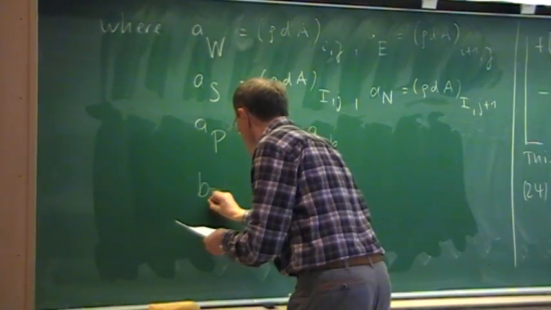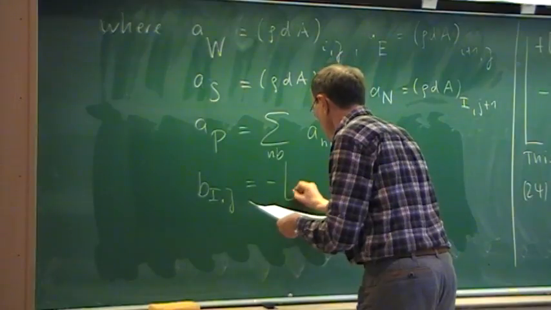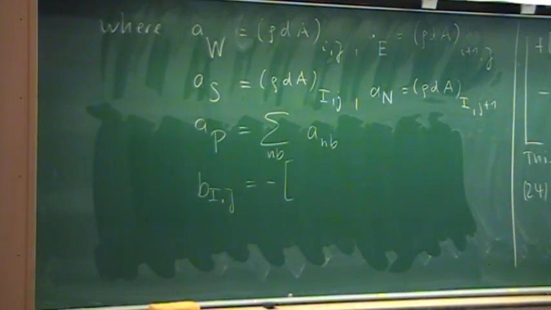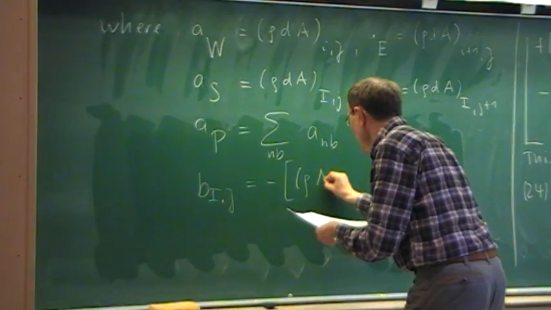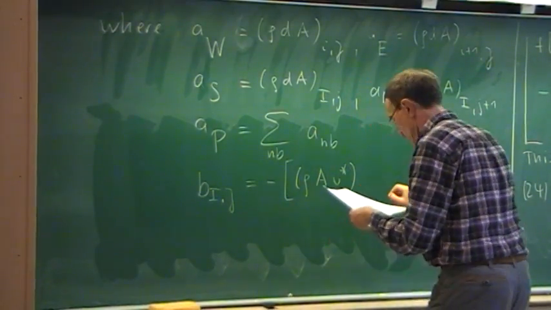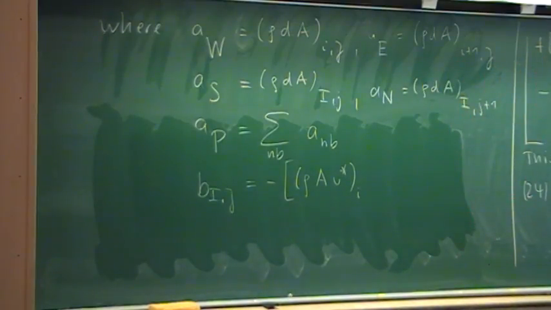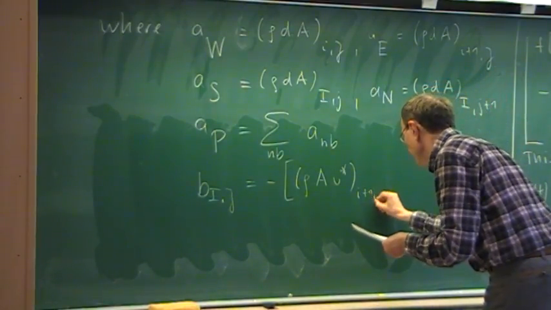The Bij is the quantity that we would get by discretizing the continuity equation, actually with a minus in front. We would get the rho A u star, so it is the net mass flux over the control volume with the preliminary velocity components, u star and v star.